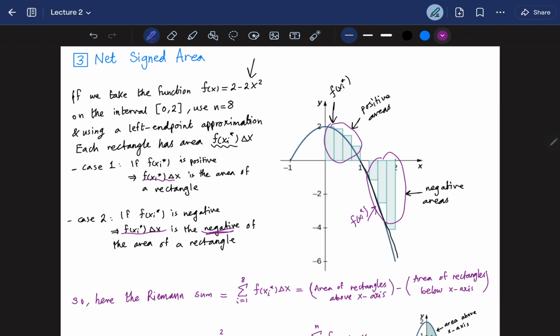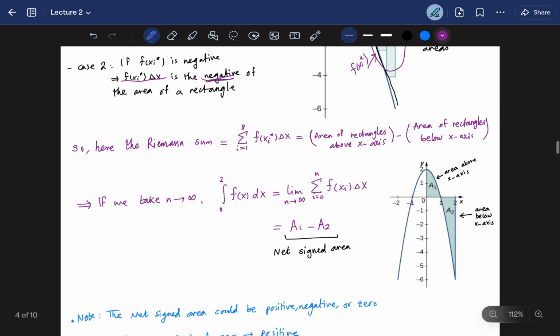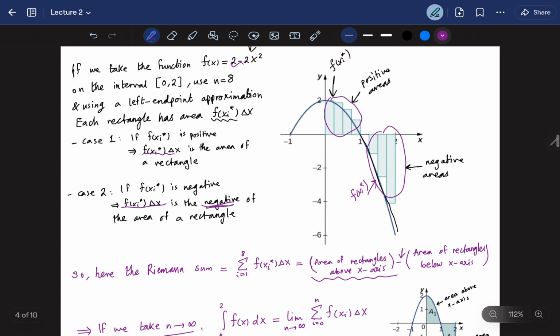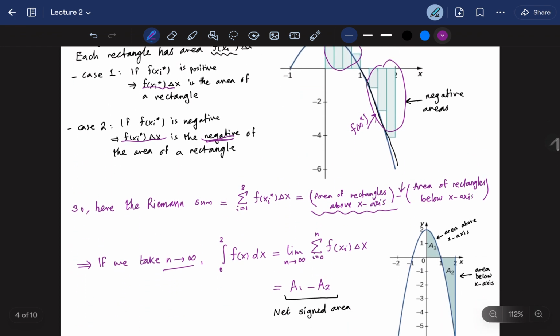So the Riemann sum, which is summing up all of the areas of the rectangles, is just going to be the area of the rectangles above the x-axis, which is positive, minus the area of the rectangles below the x-axis, since we're going to get negative areas below the x-axis. So now if we apply the definition with n going to infinity, my integral from 0 to 2 for the function 2 minus 2x squared is just going to be the limit of the sum, like we stated before from the definition.